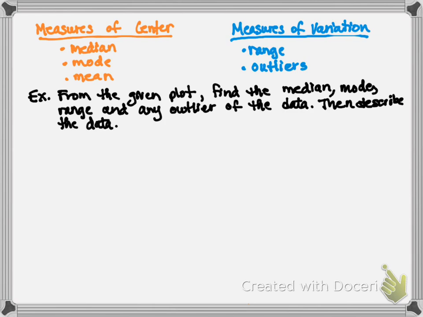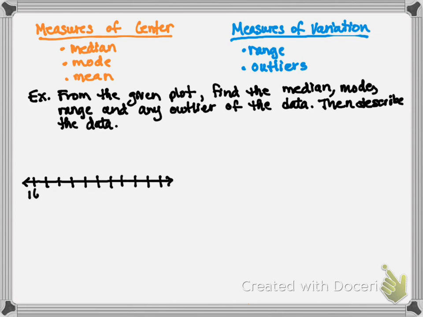So let's see, my data is going to go from 16 to 25. So a little bit larger than what we had before. So 16, 17, 18, 19, 20, 21, 22, 23, 24, 25, and I'm just going to go to 26. I'm going to shorten up this line just a little bit.